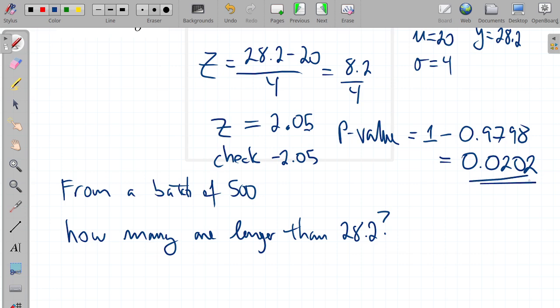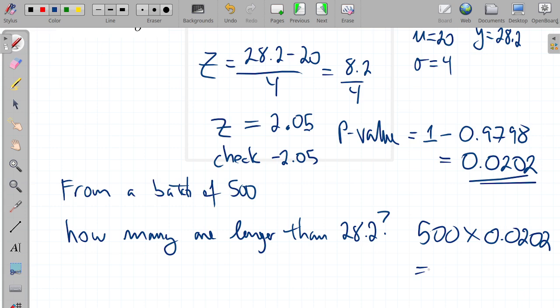Well, that's where we use this, because remember I said p-values stand for proportion, also stands for probability and percentage. So we're going to go 500 times, hang on, I was thinking percentage there. 0.0202. Well, we can do it by hand, but I'm going to use my calculator because it's more fun that way.